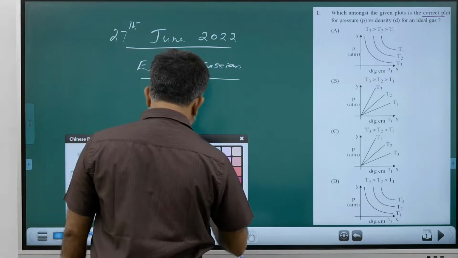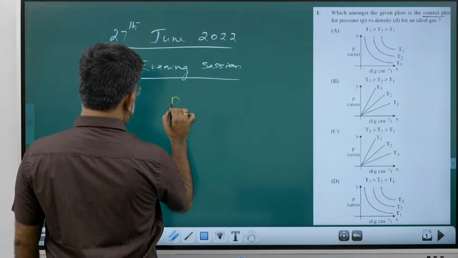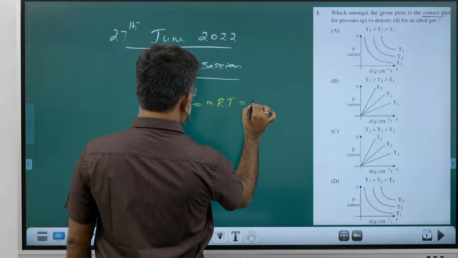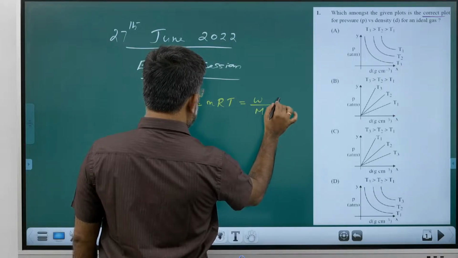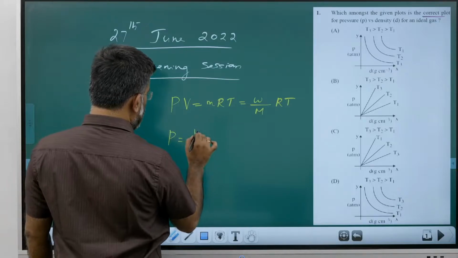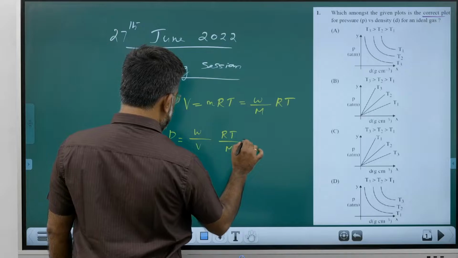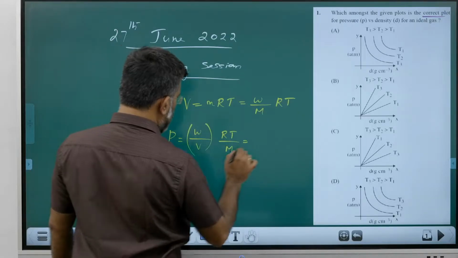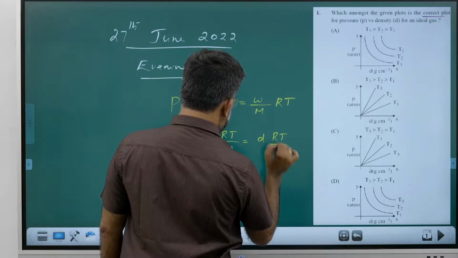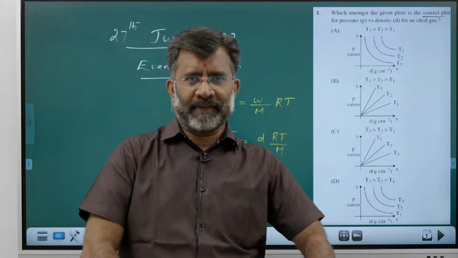Everybody knows the relation derived from the ideal gas equation. PV is equal to nRT is equal to W by M RT. Therefore, P is equal to W by V into RT by M, that is, mass by volume becomes density. Density into RT by M. So this formula is applied in that graphical plot.